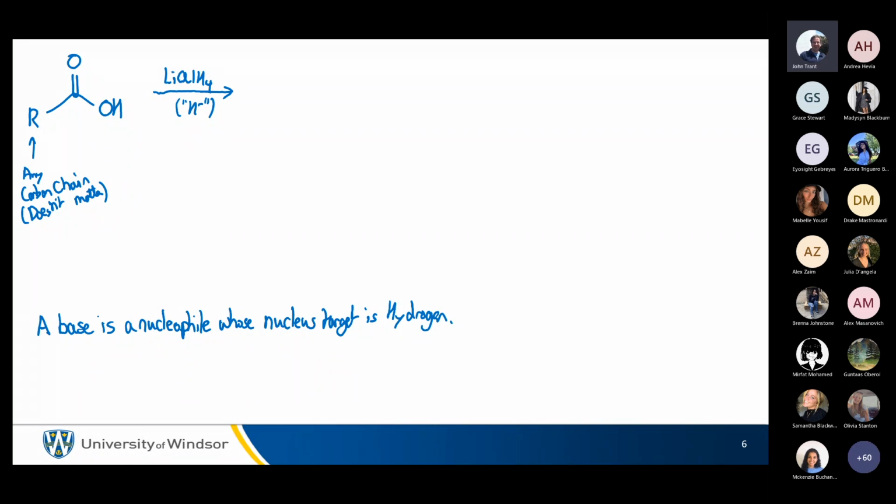A base is just a nucleophile whose target nucleus is hydrogen. That's it. And that's a complete definition.